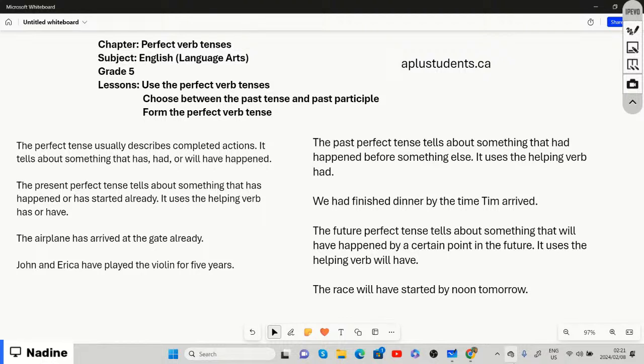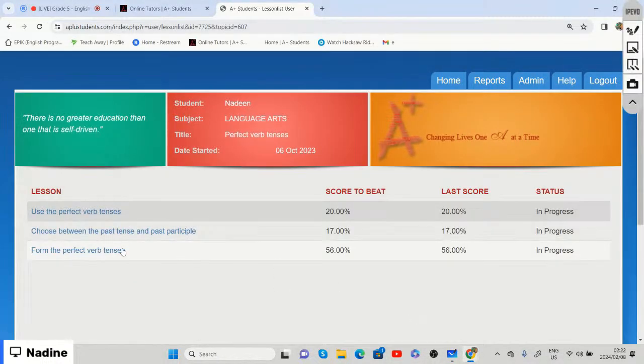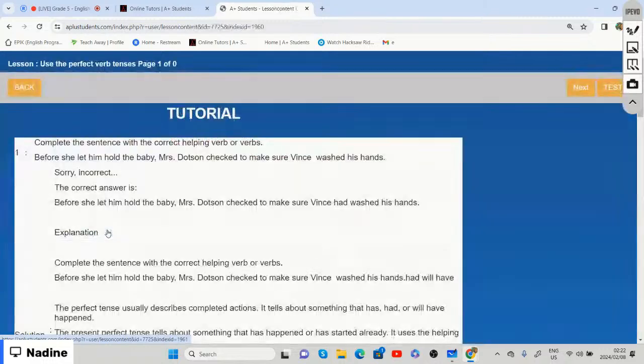And remember, we said that there are different tenses, as long as you know it's in the present tense, past, and future tense. All right, let's go to aplusstudents.ca. Now we're going to use the perfect verb tense.